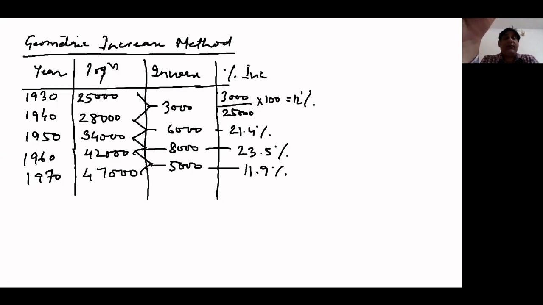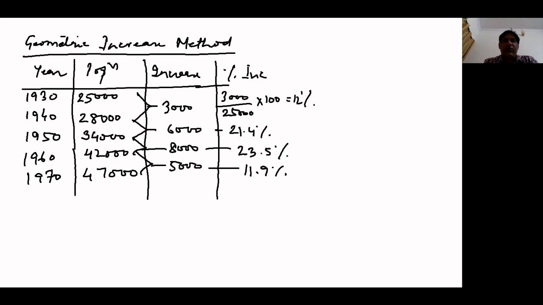Now, as the name of the method suggests, it is the geometric increase method. We've all studied arithmetic means and geometric means, so the approach is just the same as in the case of geometric mean. We will calculate the increase, which is 3,000, 6,000, 8,000, and 5,000 as calculated in the earlier method.